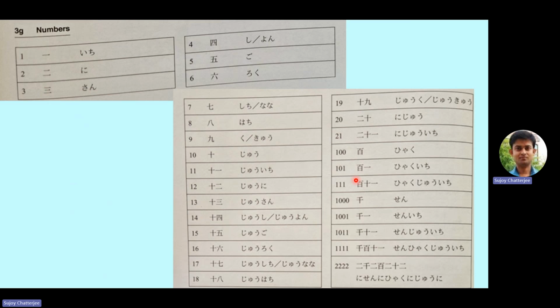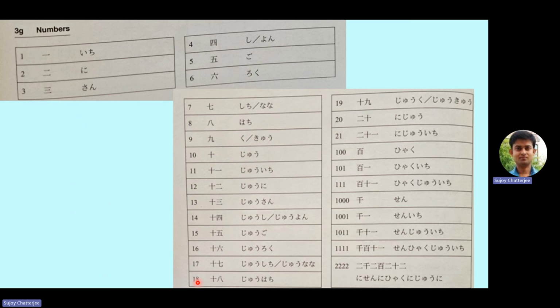So you can now practice with me. 23 will be niju sang. 24 will be niju yong. 25 will be niju go. 26 will be niju roku. 27 will be niju shichi or niju nana. 29 will be niju kyu, and 30 will be how much?